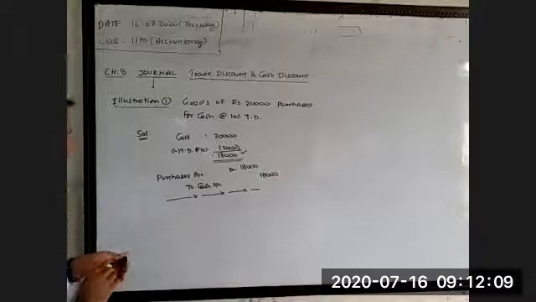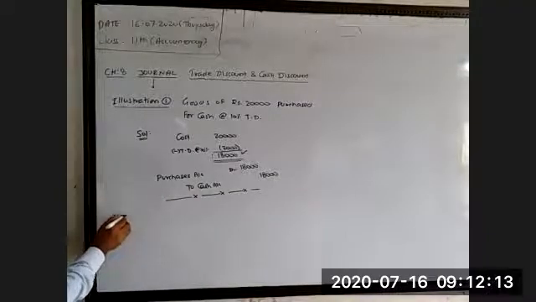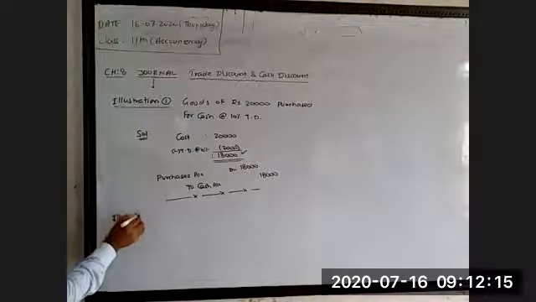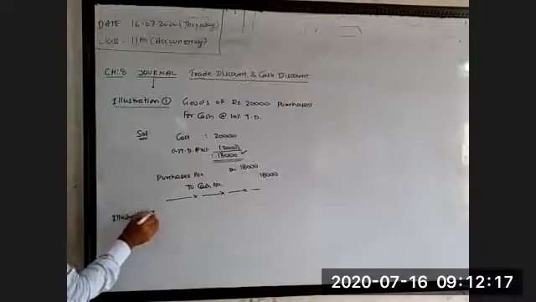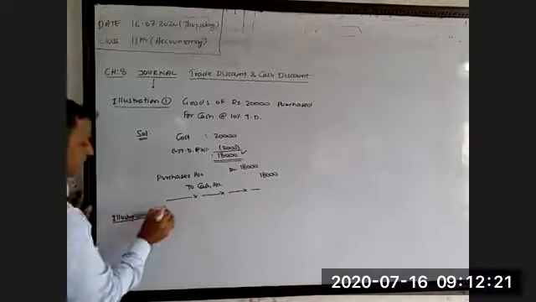Okay. Now taking illustration number 2. So you can see here, I will take one by one, and then I will give a few questions for practice. Correct? The second transaction is the same.